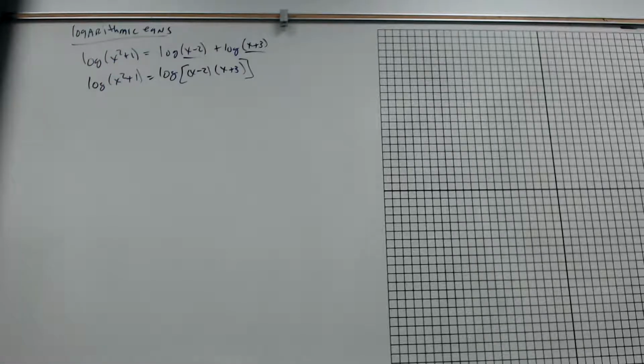Now, what do we do? What's the problem with this equation? What would be useful if it was not there? It'd be a really easy problem if it wasn't there. That log is in the way, right? How do we get rid of the log? Divide it?